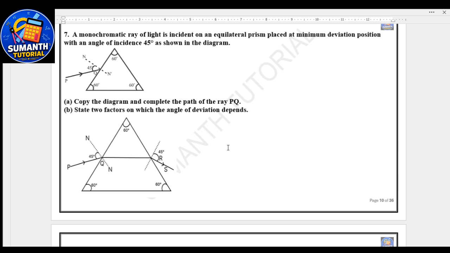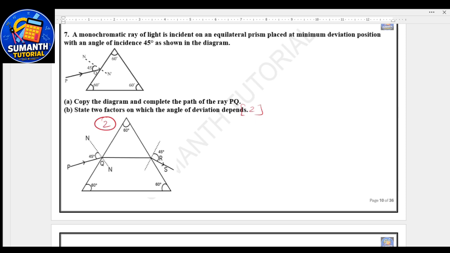Now see here. This is a question for 4 marks. If you draw the diagram, you will get 2 marks, and for the factors it will be 2 marks. Clear? Now, two things you should remember here. They have asked it is an equilateral prism and minimum deviation.